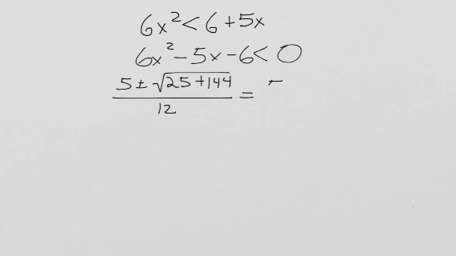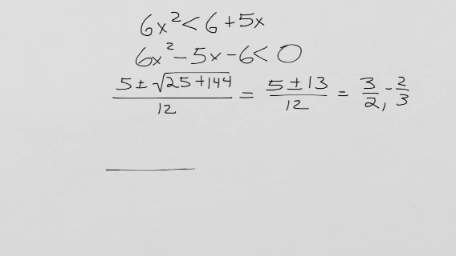So that's equal to 5 plus or minus the square root of 169, which is 13, over 12, which gives us 18 over 12, which is 3 over 2, and it gives us negative 8 over 12, which is negative 2/3.